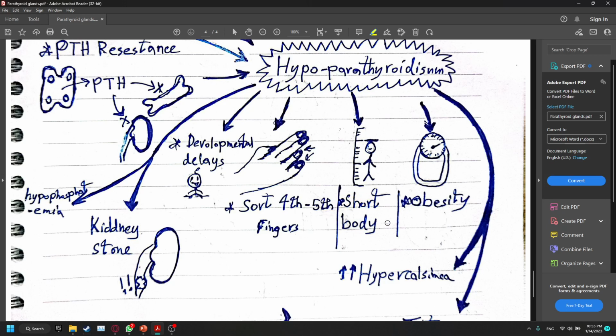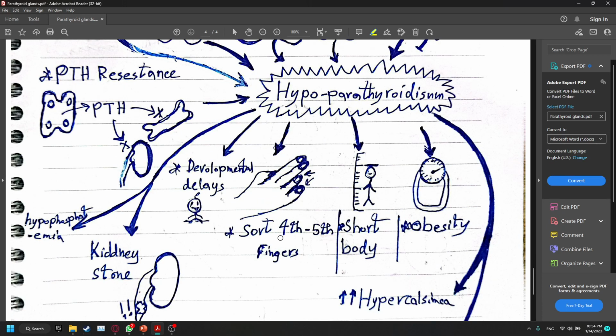You don't get taller that easily, so you have shorter bodies. You could have obesity. Why obesity? It has something to do with the growth hormone in your body, and growth hormone uses the glucose in your body, and when you have too much glucose and too much insulin, insulin increases the lipid production in your body.